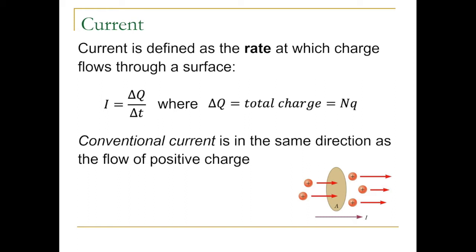The power supply has produced an electric field within this conductor, which is causing the flow of the particles. That's why a circuit works instantaneously: as soon as the power supply turns on, we have this electric field in the circuit so that the charges instantly move.